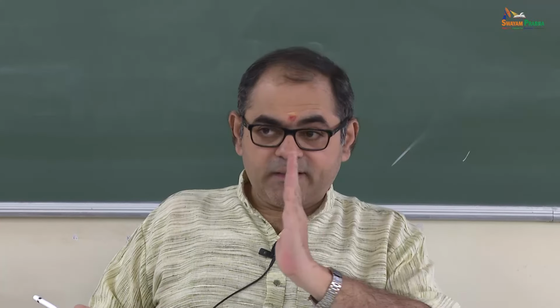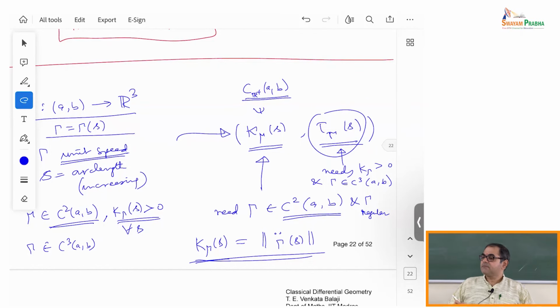The restriction is only on the curvature to be positive, okay. So therefore, the moral of the story is that you have this extra condition that gamma is also in C3AB. But if gamma is in C3AB, it means it's thrice continuously differentiable. That means the second derivative of gamma is further differentiable and the derivative is continuous.